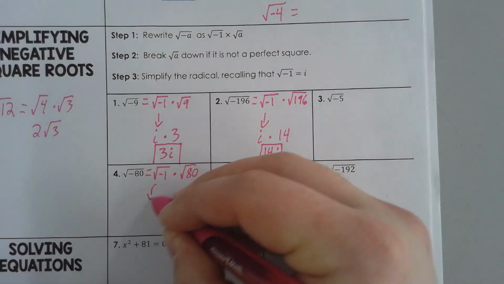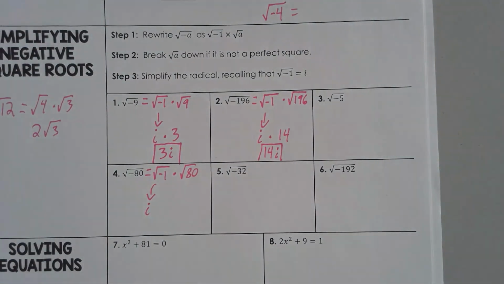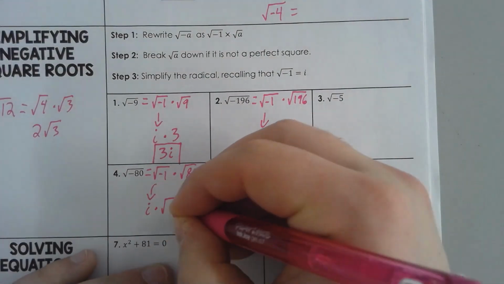Our square root of negative 1 turns into an i, and our 80, is 80 a perfect square? No, it is not. So we need to find something that goes into it that is a perfect square. What perfect square? 16. 16, bingo. 16 and what? 5. Yup.